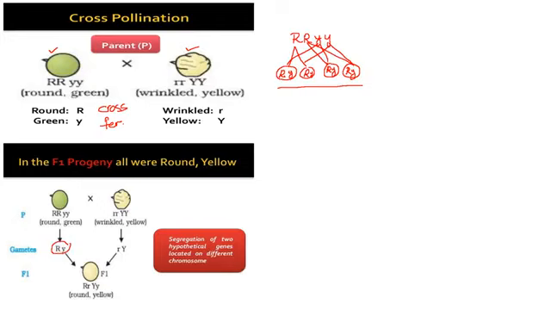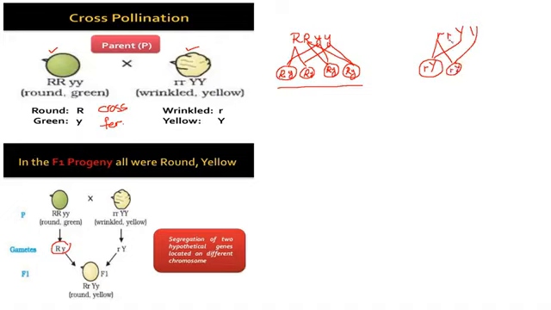And what about the other set of gametes formed by the different parent? Here also, when the gametes are forming, we have to take one gene responsible for one character, that is small r is wrinkle and capital Y is yellow. So I will get gametes having the same genotype.